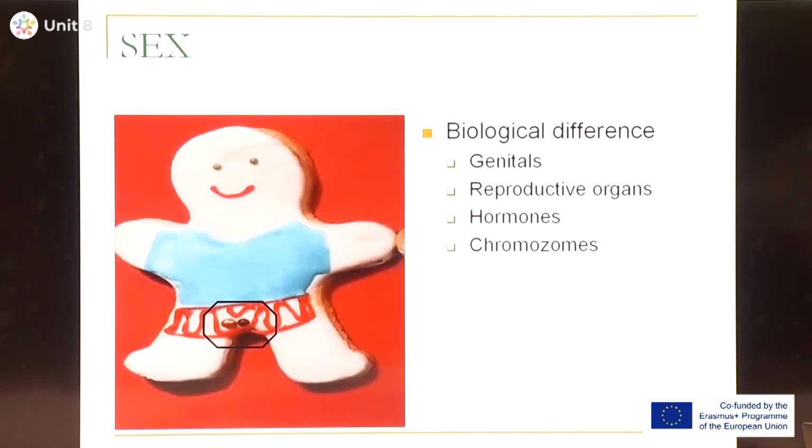Sex is about the biological characteristics of a person, such as genitals, hormones, reproductive organs, chromosomes. People are born with a variety of these for different sexes, and the sex of a person is assigned at birth according to these. They are either male, female, or intersex.